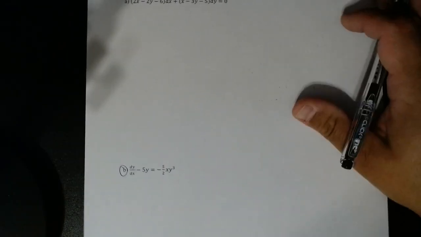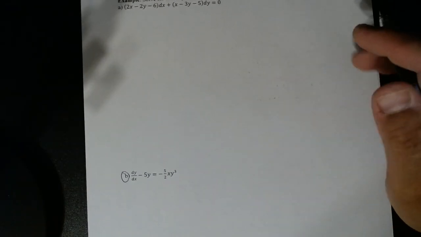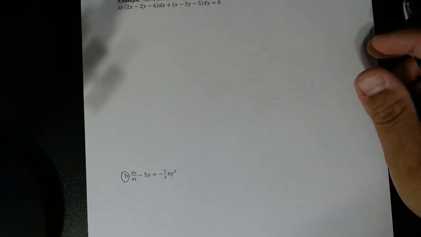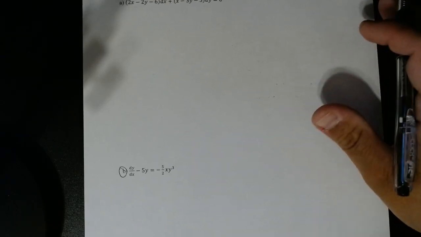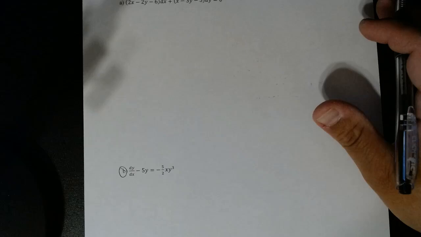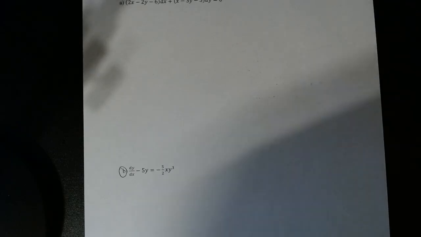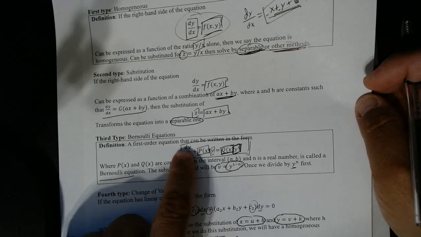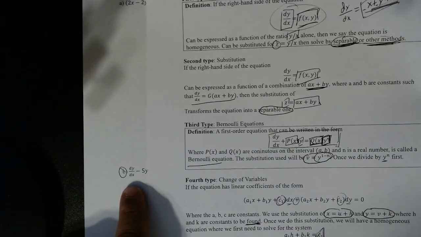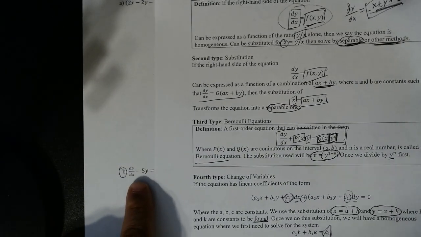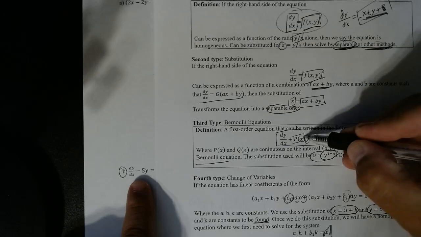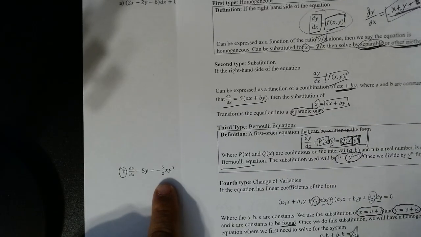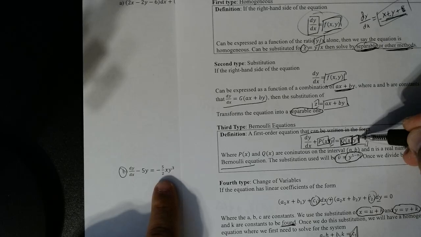All right, so each of these is solved for the equation. So we have dy dx minus 5y equals negative 5 over 2 x y to the third. Now, if you notice, this is a Bernoulli equation. We have dy dx, check, minus 5, that's going to be our p of x. Here's the y. We have our q of x, which is in terms of x, and we have y to the n power, y to the third.